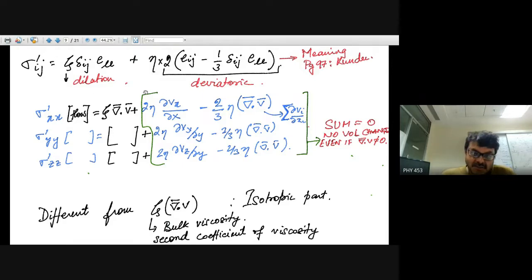Remember, the sum has to be zero for normal fluids. However, if you have polymeric fluids, you could have finite normal stress differences, such that there are finite values between sigma dash xx and so on and so forth, but we'll not go into this. So if you sum these things up, it will be zero.